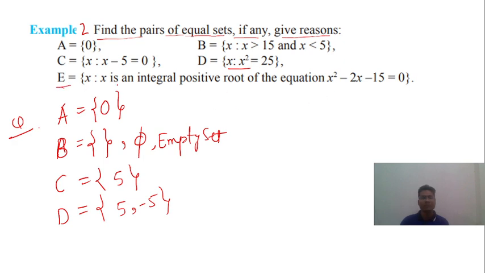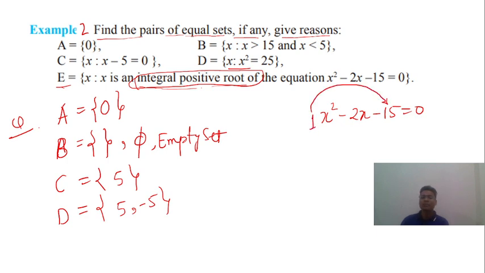E is saying that x is an integral positive root of the equation. They are saying positive root. If we get any negative root out of it, we will ignore it. So we are going to solve x square minus 2x minus 15 is equal to 0. If they didn't write anything, we write 1 here, and we multiply these two coefficients, and we get 15.